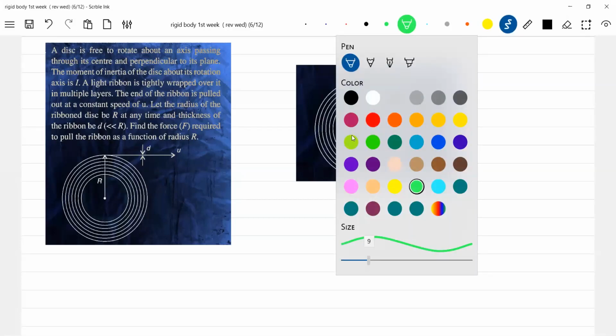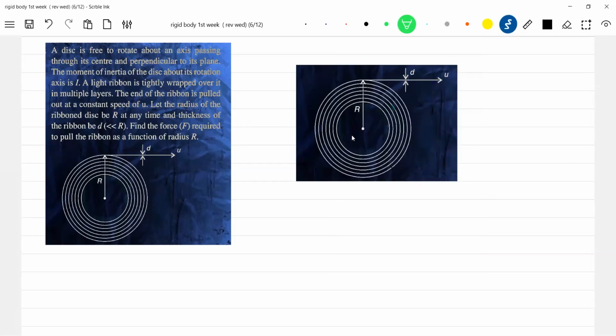Try to analyze the conditions. Now, is capital R variable as we pull this with a constant speed?